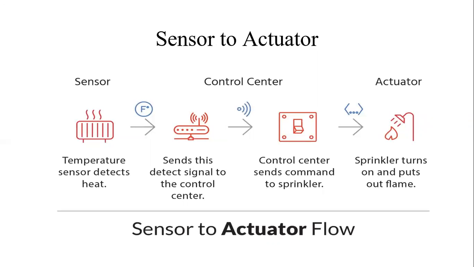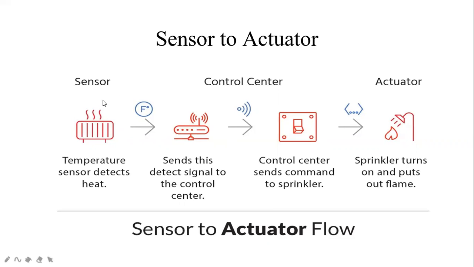Next is your sensor to actuator. Actually, this slide is an example of how you are controlling your actuator using sensor in the case of a fire extinguisher. Like there is some fire and how to put water on it by using sensor and actuator. This slide will show, right?